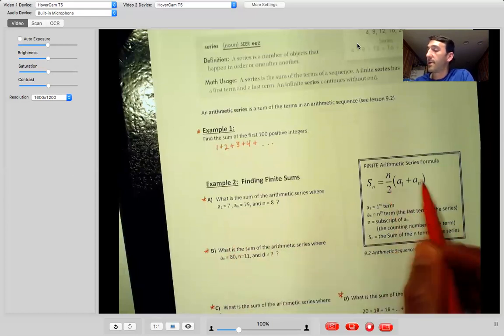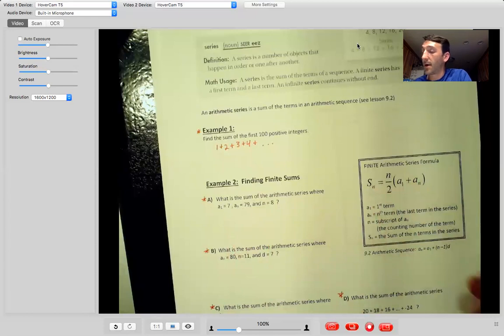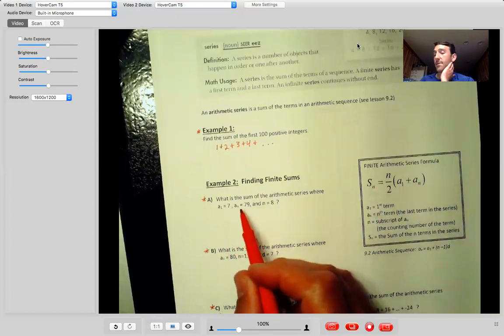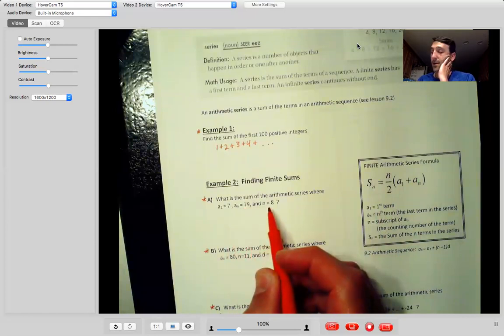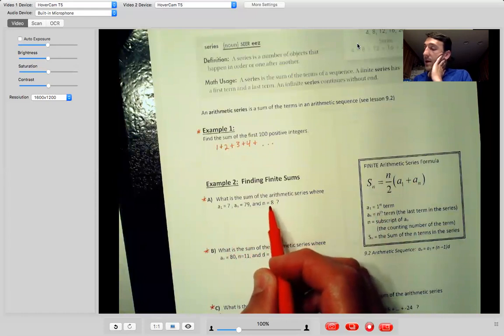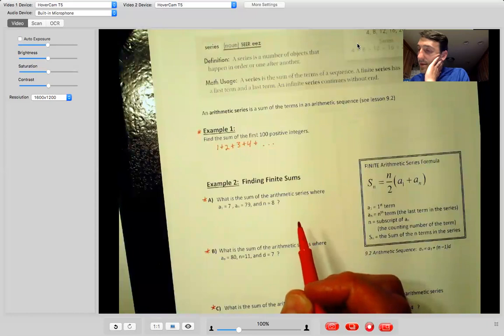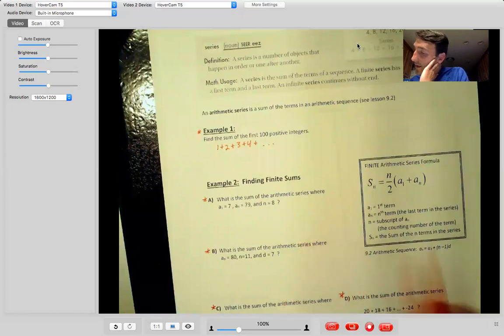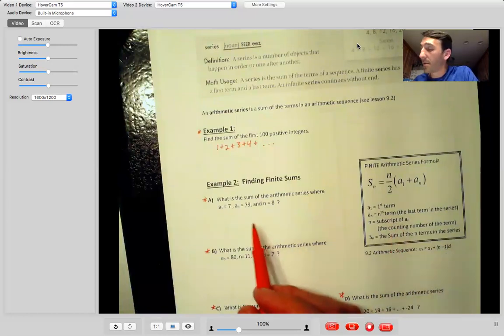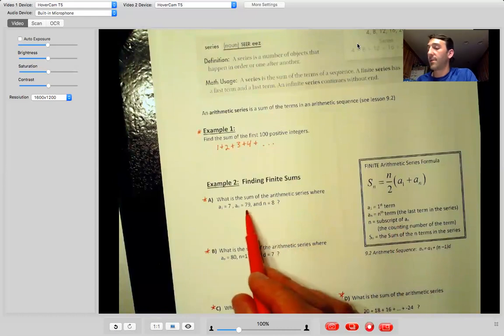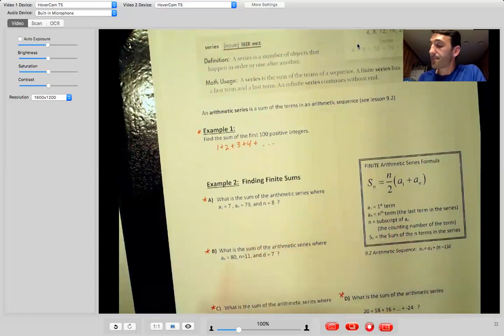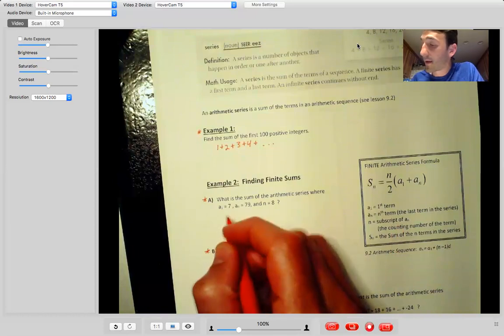Here is our formula right here. a sub n would be the last term of the series, and n is the subscript of a sub n. That tells us that 79 is the 8th term. Anyways, we're just going to use the formula, plug and chug.